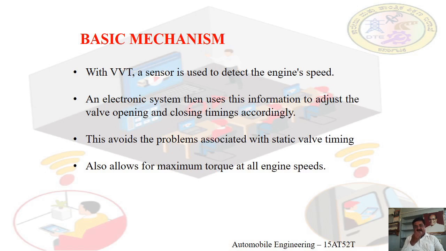It works out at what stage the piston is in each and every cylinder. And the electronic system then uses this information. Electronic system means it's an ECU, electronic controlling unit, that we use in the automobile industry.